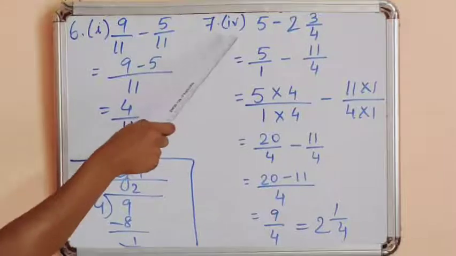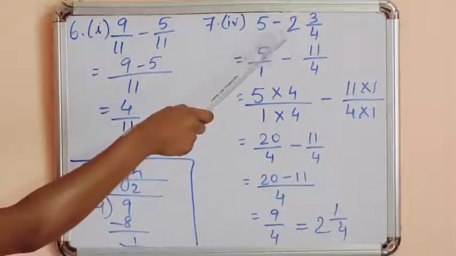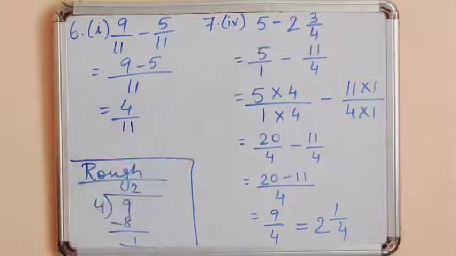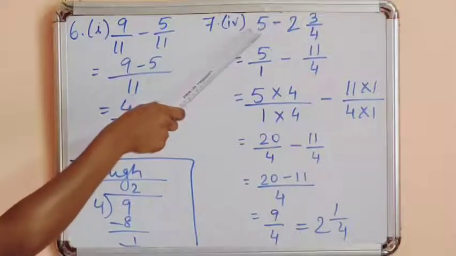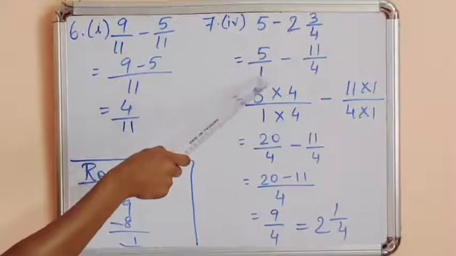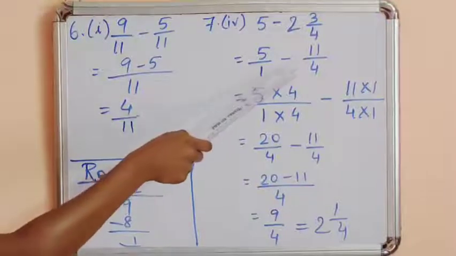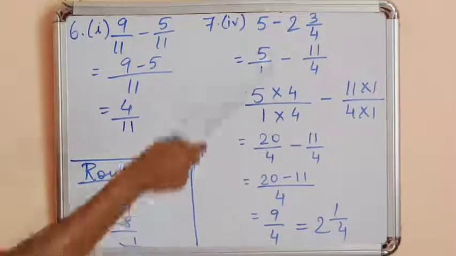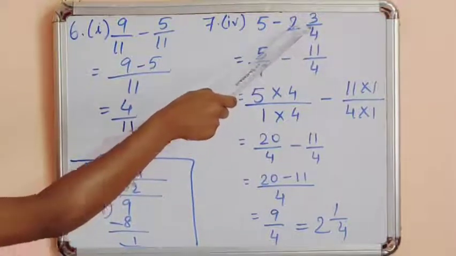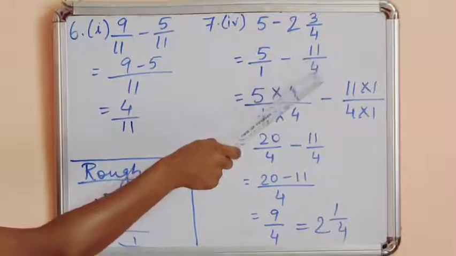Now number 7, 5 minus 2 3 by 4. See, 5 is a whole number, but in the form of a fraction, it can be written as 5 by 1. Minus, this is a mixed fraction, so we have to convert this into an improper fraction. So 4 into 2 is 8. 8 plus 3 is 11. So 11 by 4.